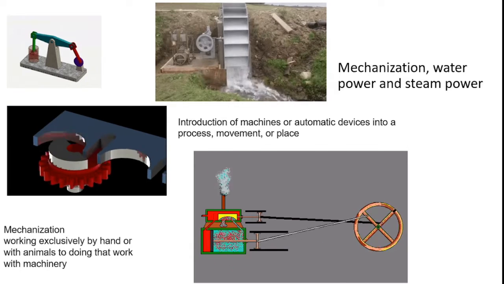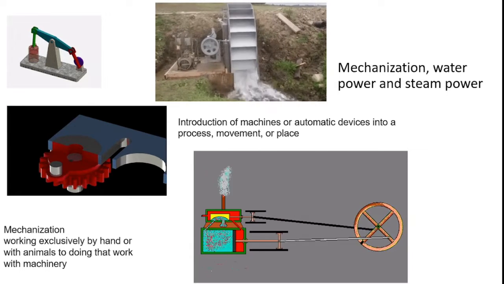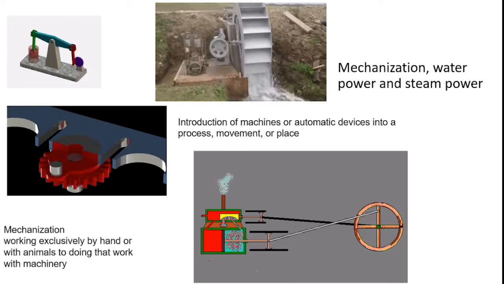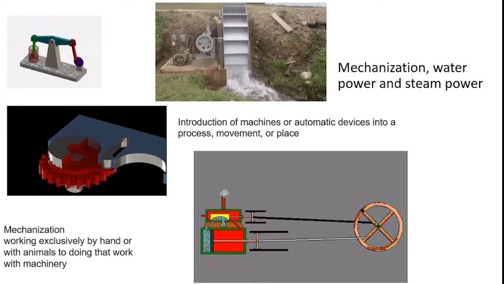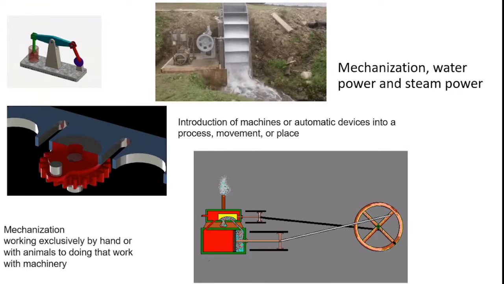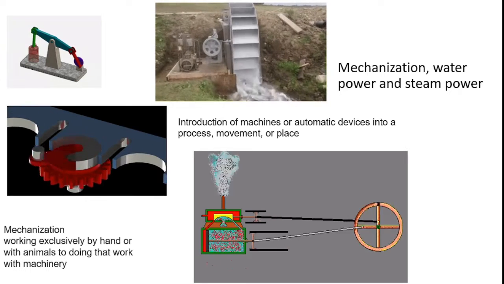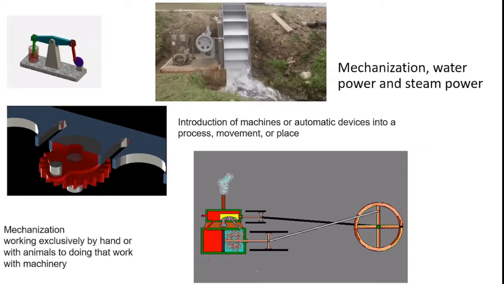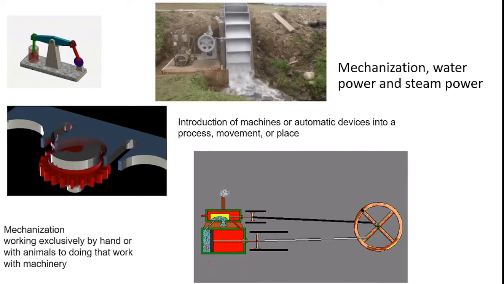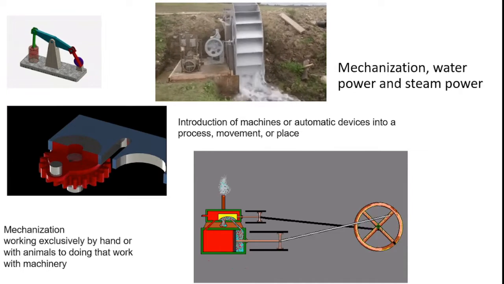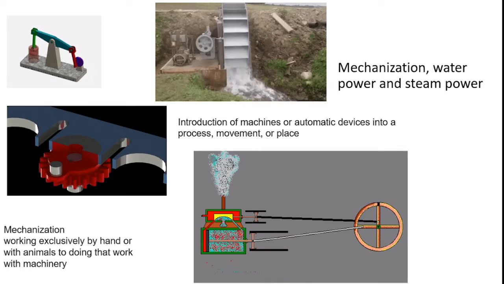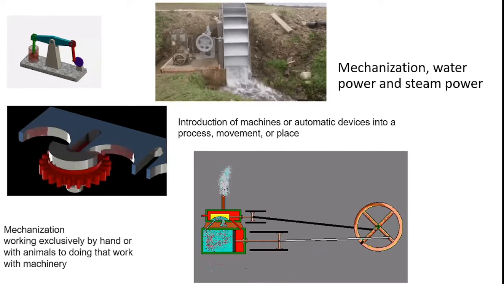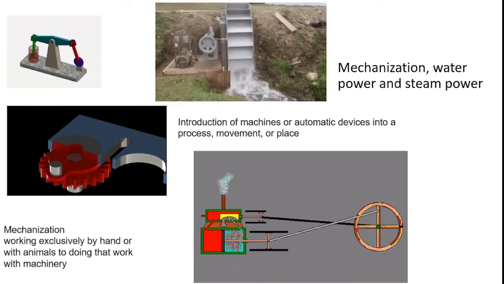So the mechanisms, gear profiles and cam profiles are all important in operating the machineries. So the introduction of machines or automatic devices into a process movement, or place to place movement of vehicles, these are all the important components available with the mechanization of machineries.